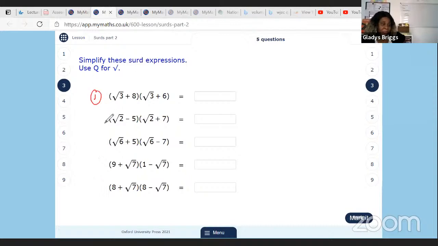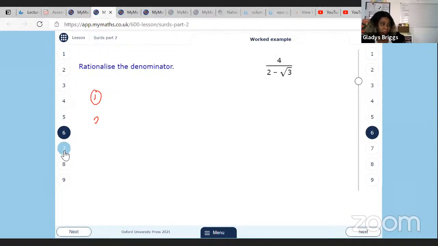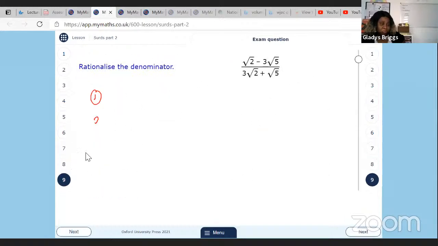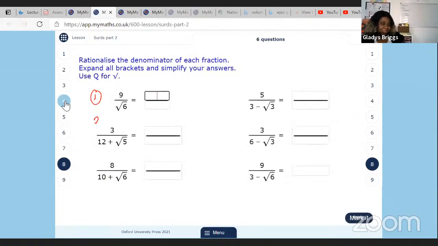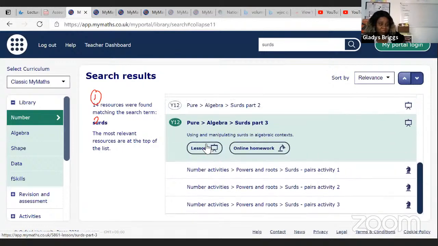Well done for your hard work. I'm just going to leave it open on my computer and tomorrow we can continue from where we stopped and we'll finish all the other modules. You see, you have to do more rationalizing the denominator for more complex ones. And there's Surds 3 on here as well.